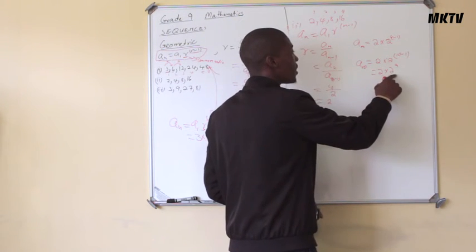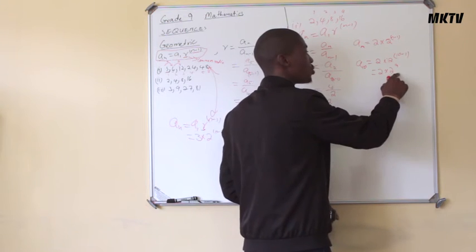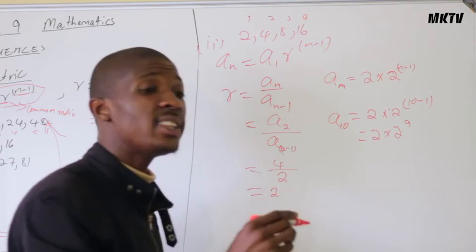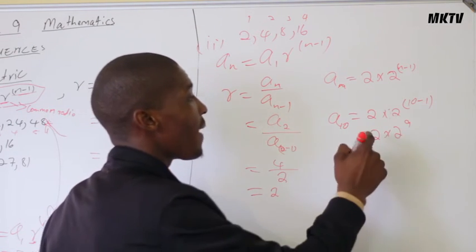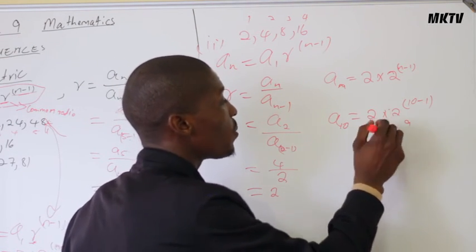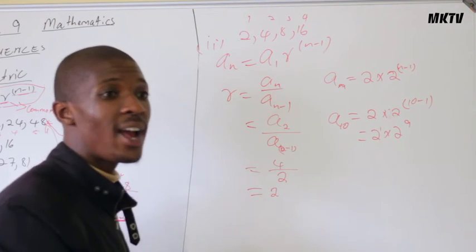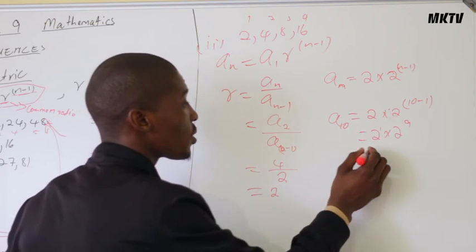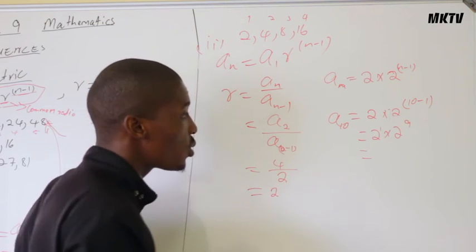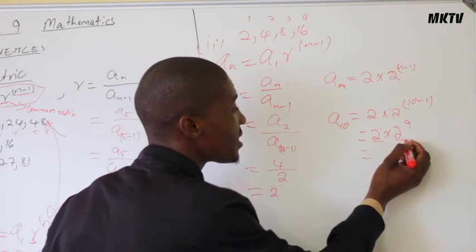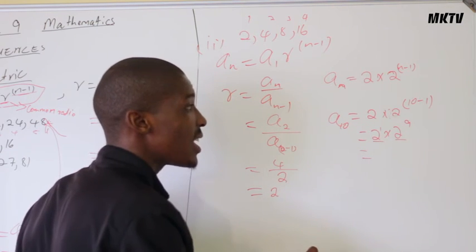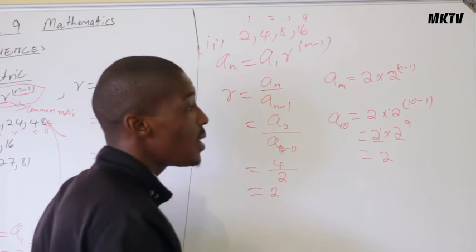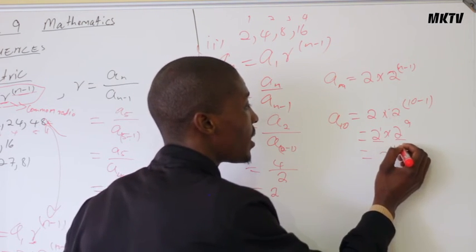Then we would have 2 multiplied by 2 to power 9. Again, remember the rules of indices: this is 2 to power 1, and this is 2 to power 9. Through the rules of indices, the bases are the same, 2 and 2, so you keep the base and add the indices, that is 1 plus 9.